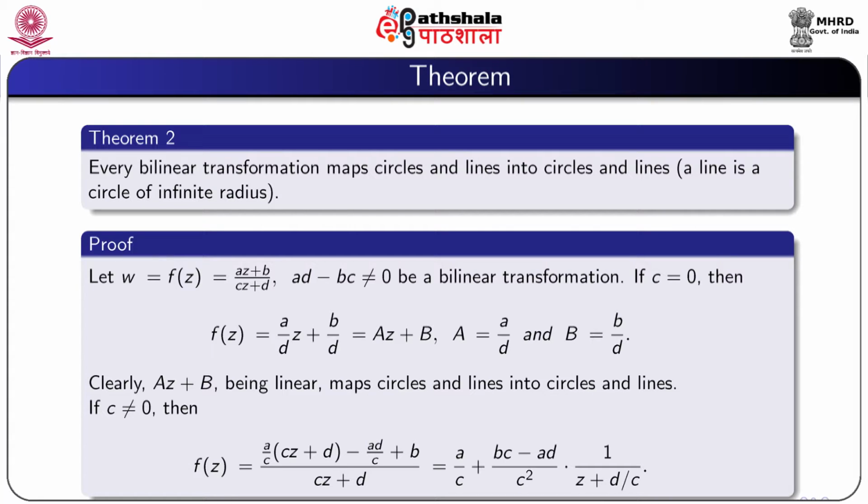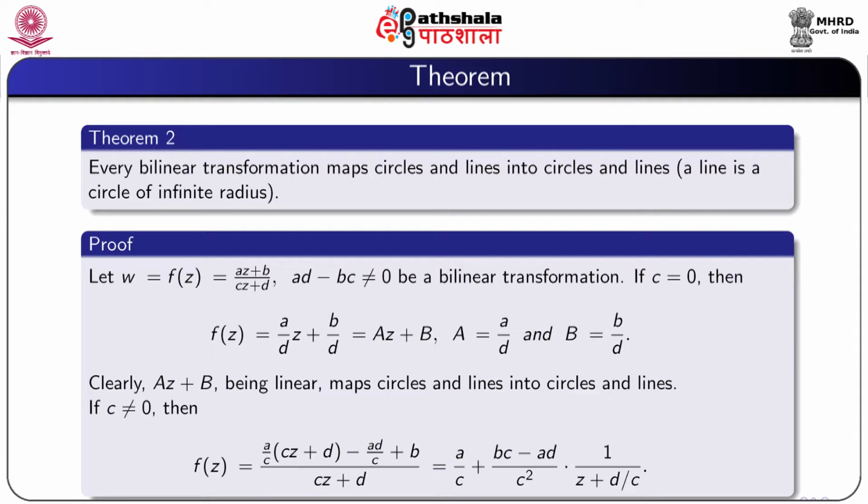If C equal to 0, then we obtain F of z equal to A by D z plus B by D, that is equal to capital A z plus capital B, where capital A equal to A by D and capital B equal to B by D.